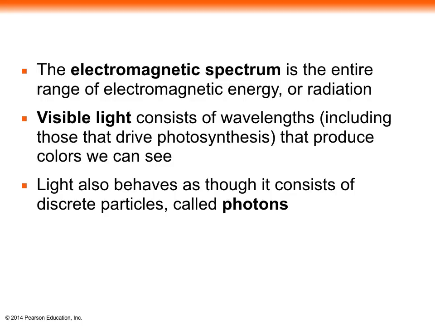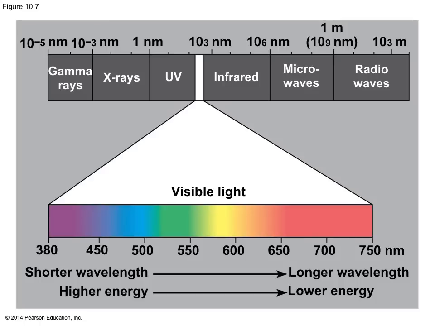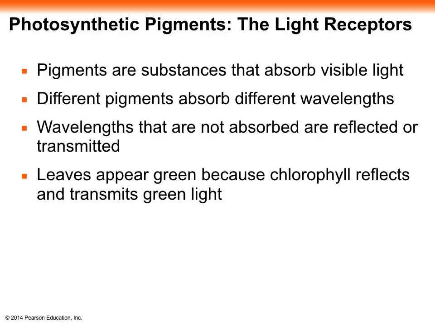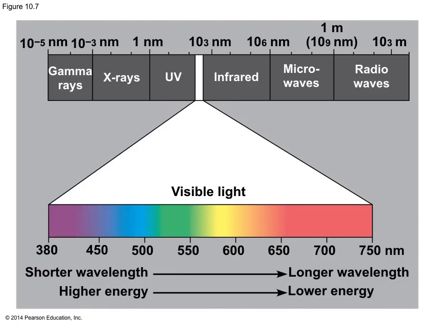When we talk about photosynthesis, we talk about the electromagnetic spectrum and visible light, which is a part of that electromagnetic spectrum, a very, very small area. And notice the wavelengths from 380 nanometers to 750. It's the chlorophyll, or the pigments, that absorbs certain wavelengths and reflects others.